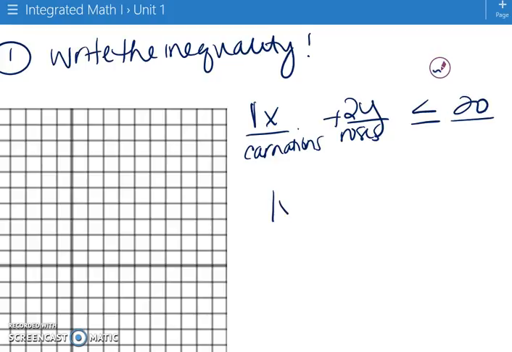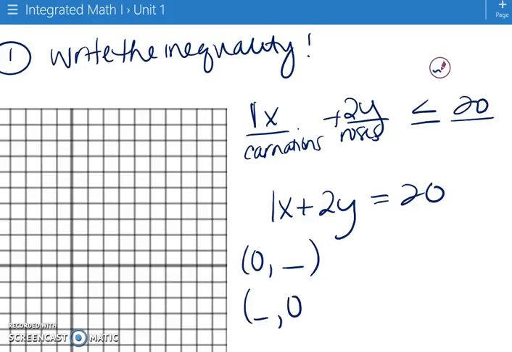So start by graphing the line 1x plus 2y equals 20. You can either leave it like this, or you could change it to slope-intercept form. Since this is standard form, I'm going to leave it like this, and I'm going to find my x and y intercepts. So I'm going to find 2 points that are easy to find. For my first one, I'm going to plug in 0 for x.